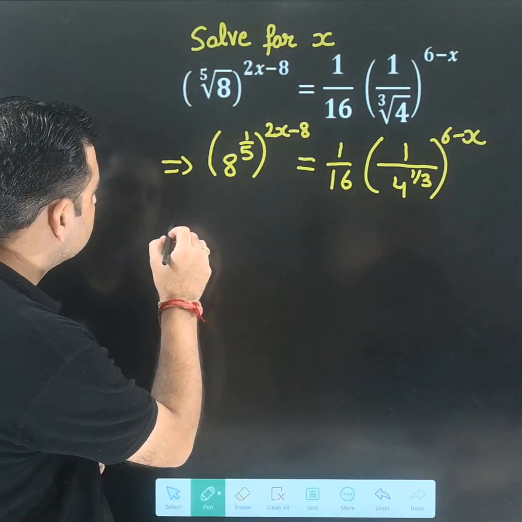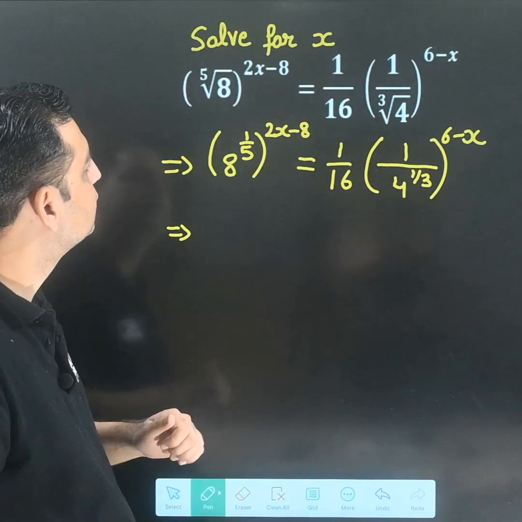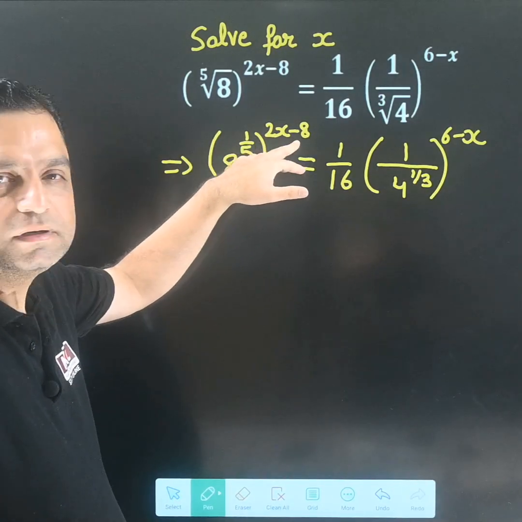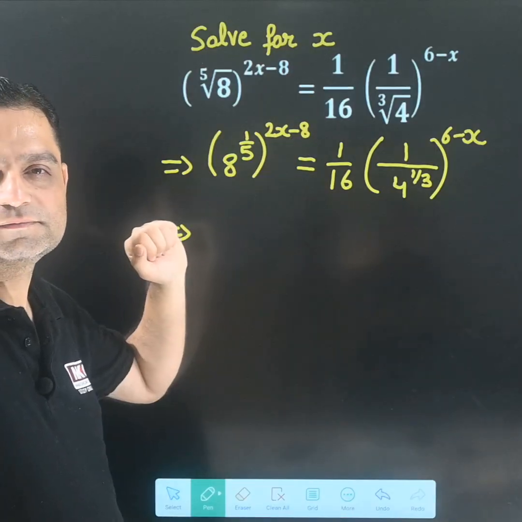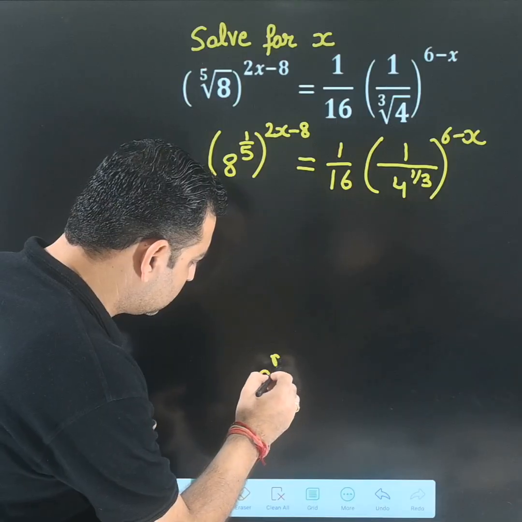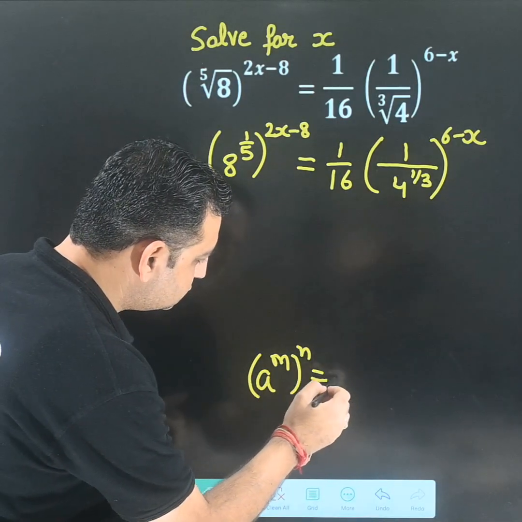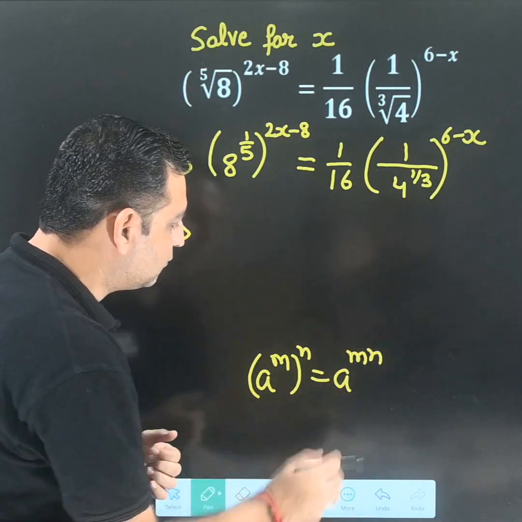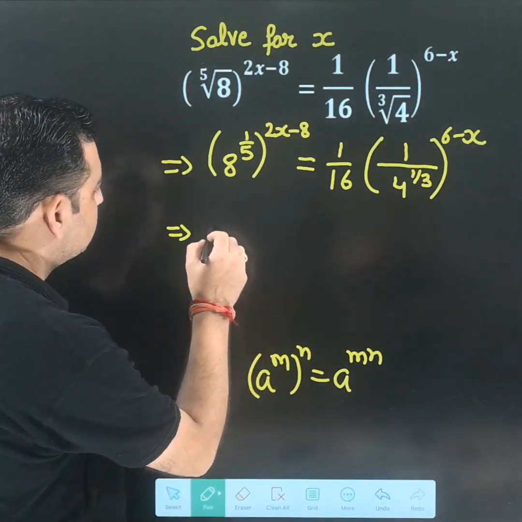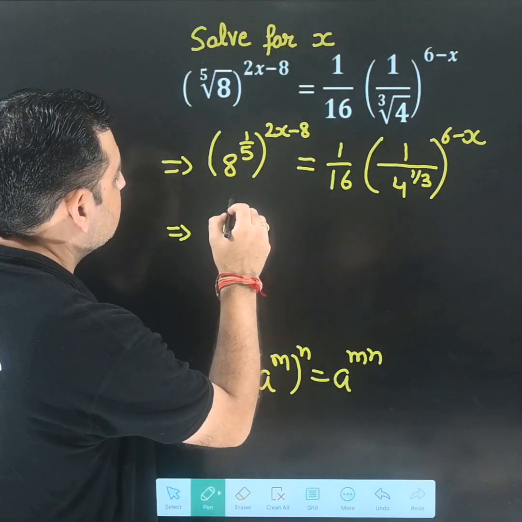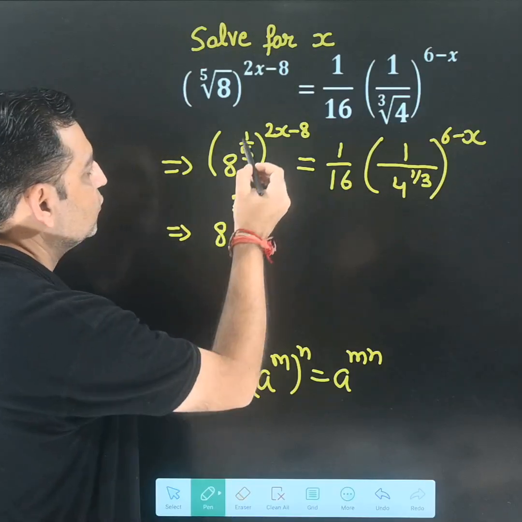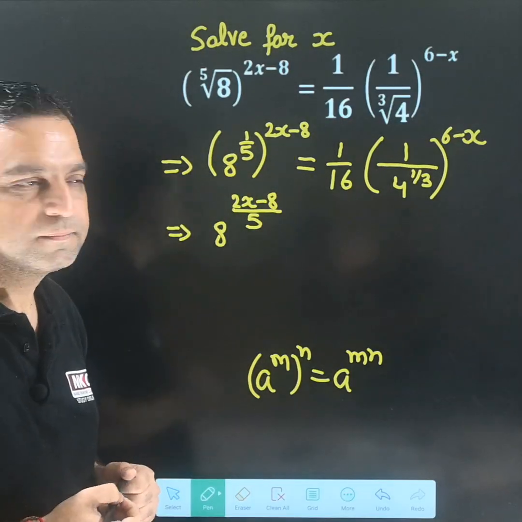Now we can use the exponent rule as well. Exponent rule means this 1 over 5 can be multiplied with 2x minus 8. Using the law of exponents, a to the power m, power n, is equal to a power mn. These both exponents are multiplied. Let us try. We will get 8 to the power (2x minus 8) upon 5 once we multiply these both.